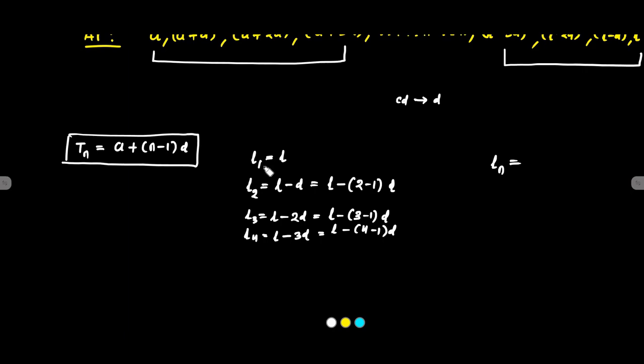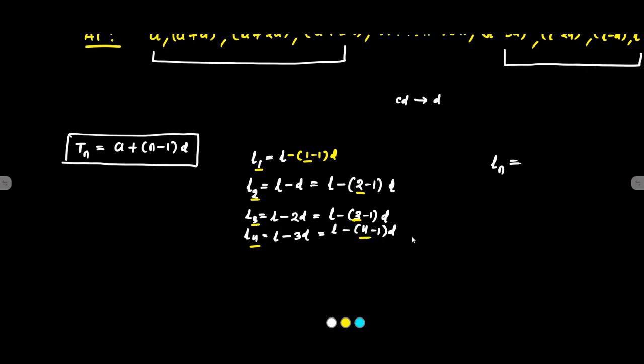L1 is L, or we can write it as L minus 1 minus 1 d, which is equal to 0 d. L2 is L minus d, which is equal to L minus 2 minus 1 d. Here 2, here 2, here 1, here 1. Here it is 3, L3, which is L minus 2d, which is equal to L minus 3 minus 1 d. Similarly, L4 is equal to L minus 3d, which is equal to L minus 4 minus 1 d.